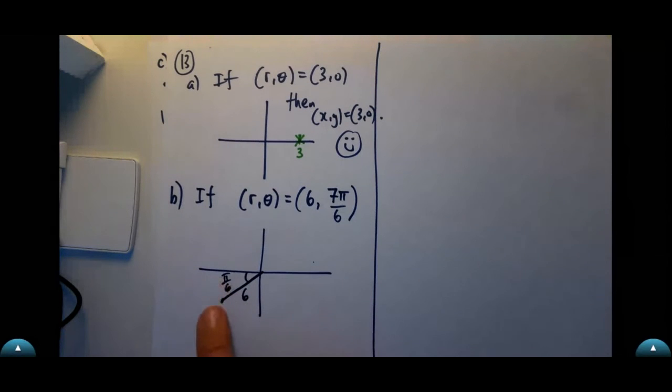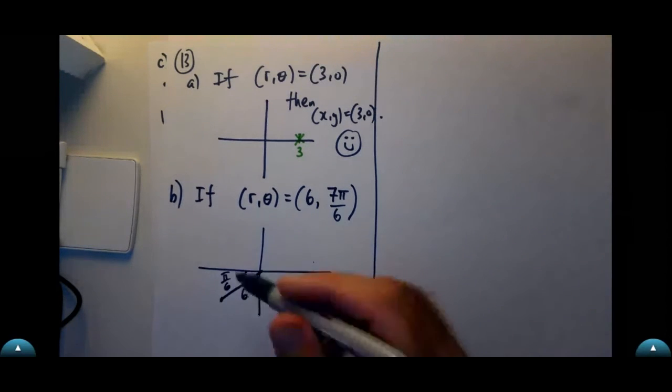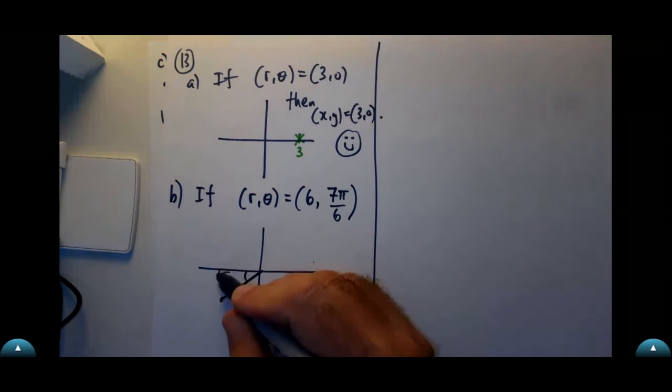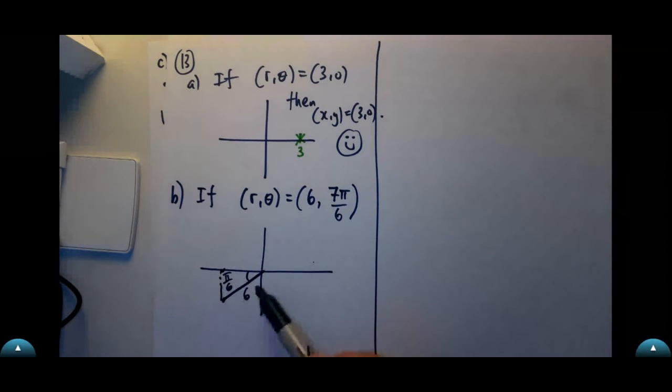So you know in this quadrant that both sine and cosine are negative. So we've got this little triangle now, where the hypotenuse is 6.